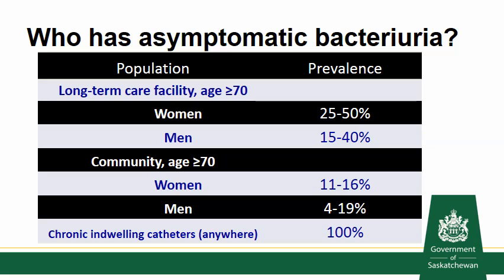In the community, we will see it as well, in the same age group, 11 to 16% of women and 4 to 19% of men. People with chronic or long-term catheters in both long-term care and the community have asymptomatic bacteriuria all the time.